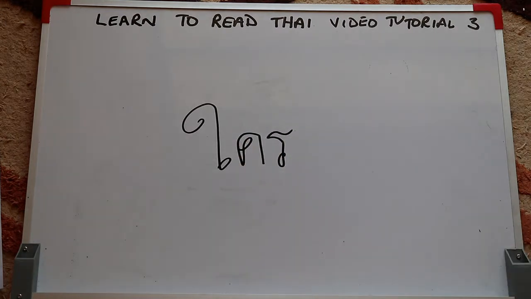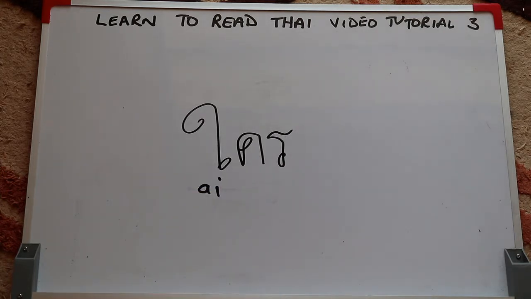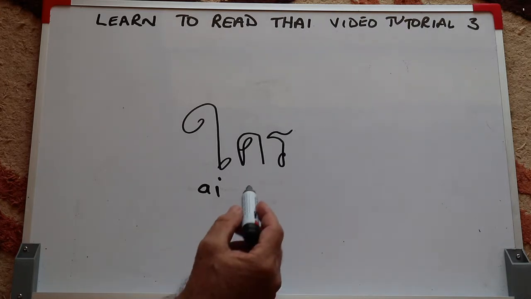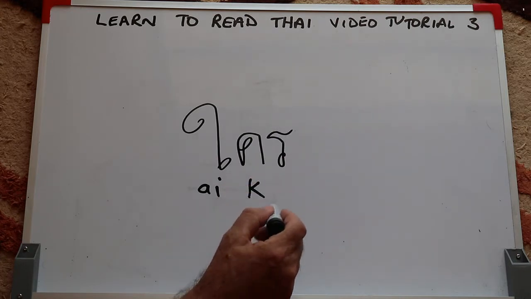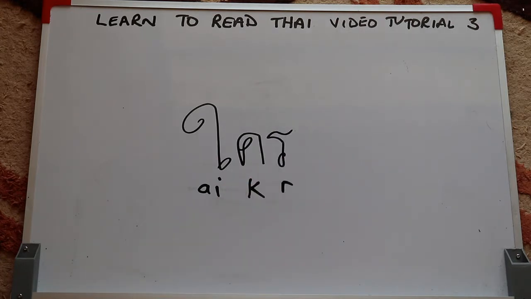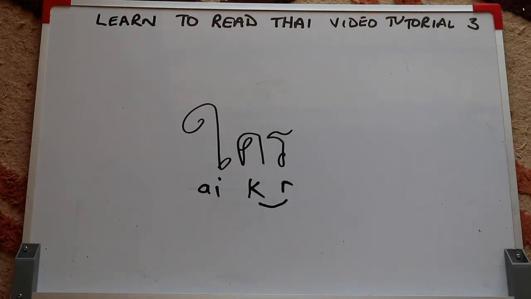Okay, so here we have the short AI sound, Mai Muan. This is a K from today, and this is an R from a previous tutorial. And these two consonants actually form a consonant cluster.